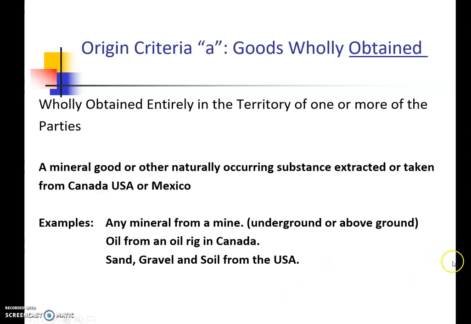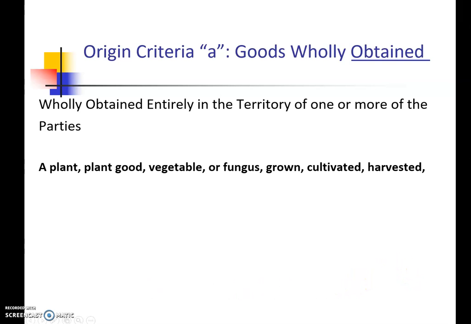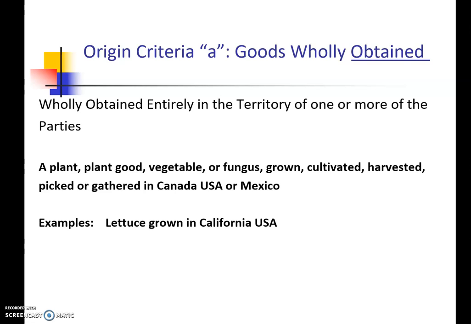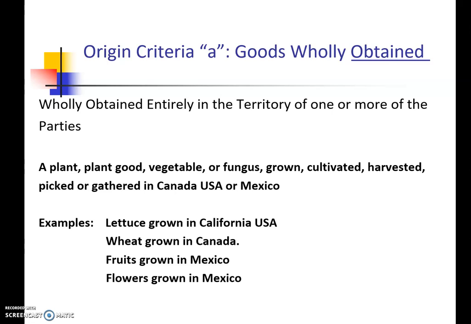Okay, so let's give another example. A plant good, vegetable, fungus, cultivated, harvested, or picked, or gathered in Canada, United States, or Mexico. So some examples here would be lettuce grown in California, United States, wheat grown in Canada, fruits grown in Mexico, flowers grown in Mexico.